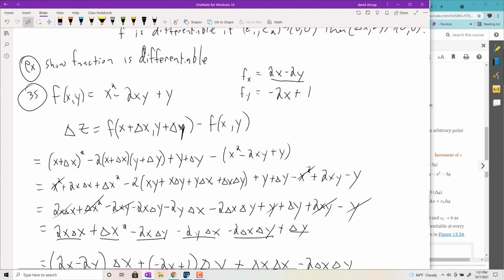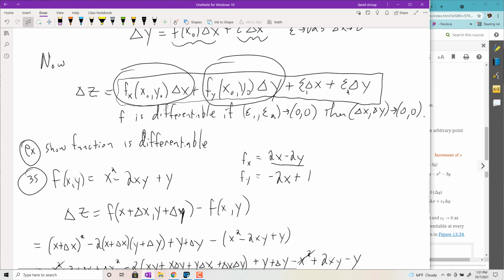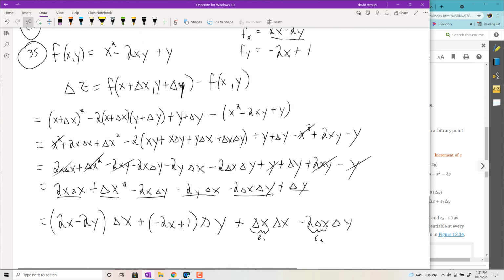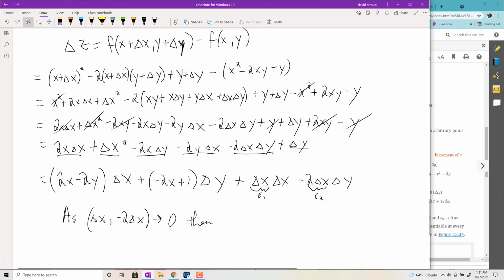So you're taking the actual change in z, and you're finessing it until you get this delta z thing that we use in the definition of differentiability. And then if you could show that, note as change in x, which is epsilon 1, and negative 2 change in x, which is epsilon 2, as these go to 0, then it's going to force... or is it the other way around?